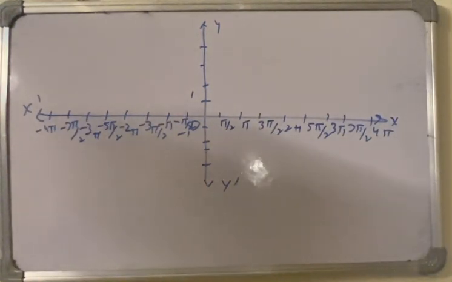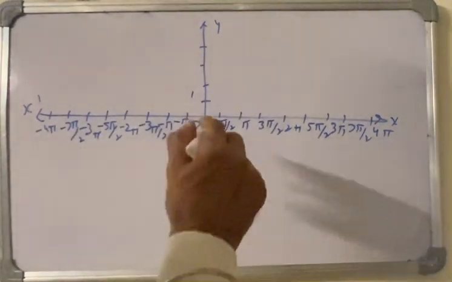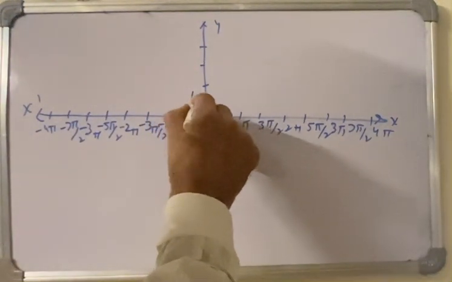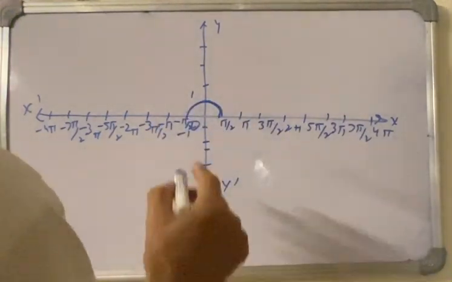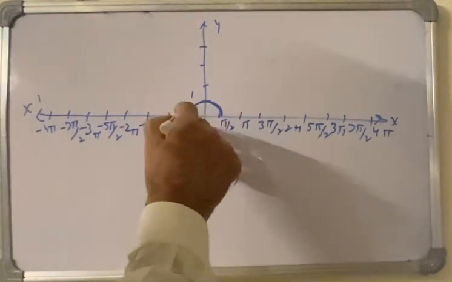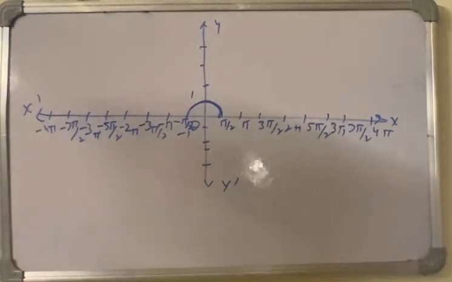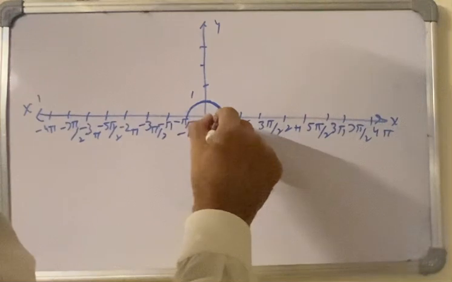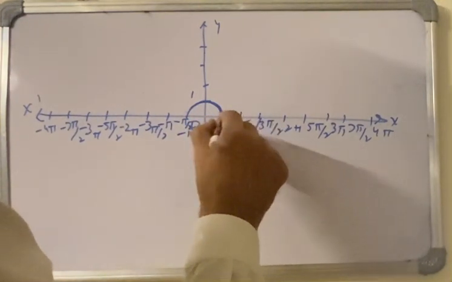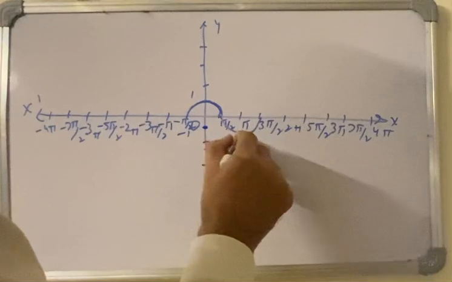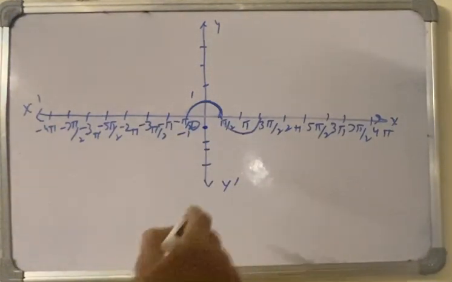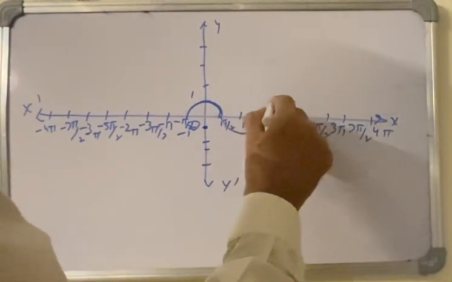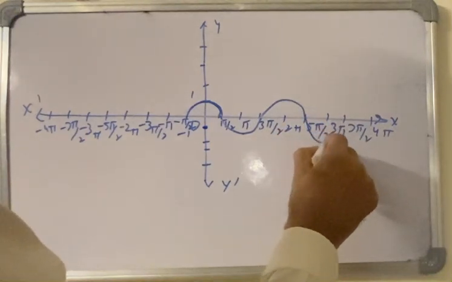At 0, the value of cos x is 1. At pi by 2 and minus pi by 2 it is 0. Similarly, at pi it is minus 1. At 3 pi by 2 it is 0. It goes in this way, and similarly it repeats.